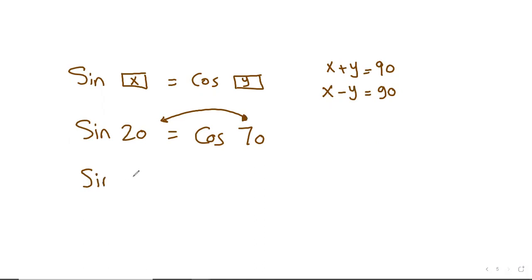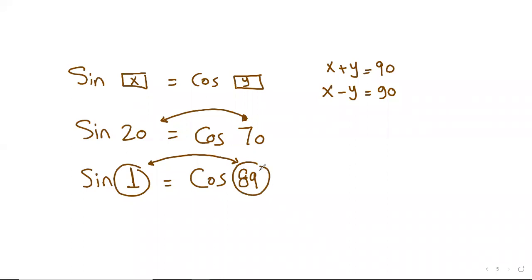And sine 1 is the same as cosine what? Cosine 89. Do you know why? Because according to this rule, the sum of the two angles must be equal to 90. So 1 plus what equals 90?